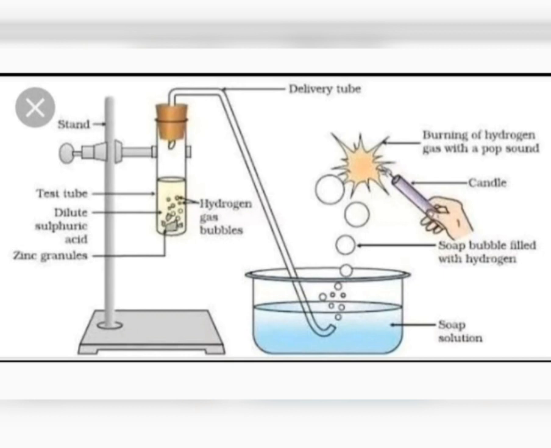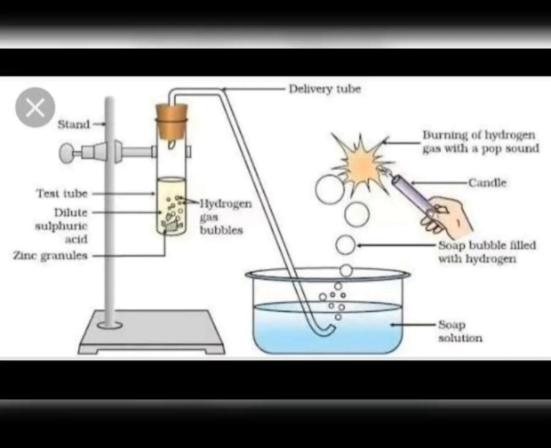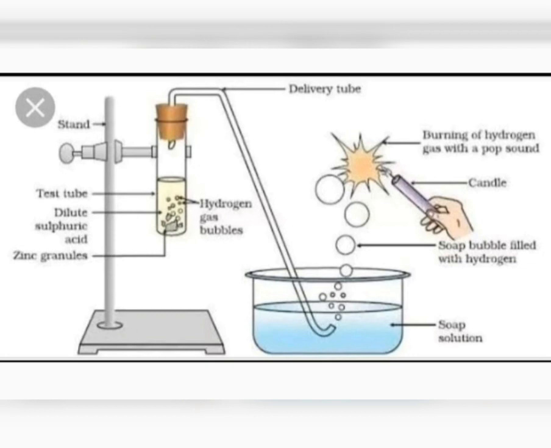A precipitate can be formed by mixing aqueous solutions, watery solutions, when one of the products is insoluble in water. And a precipitate can also be formed by passing a gas into an aqueous solution, like passing, say, carbon dioxide into lime water. So a precipitate will be formed there.